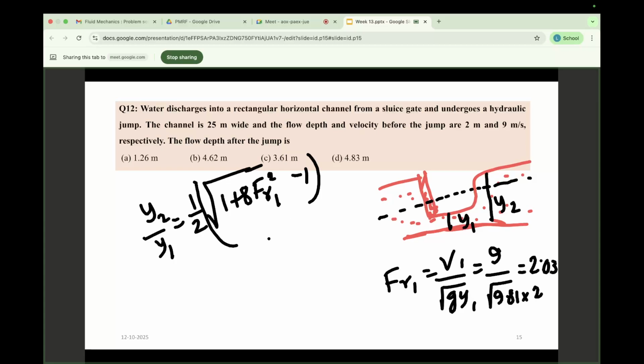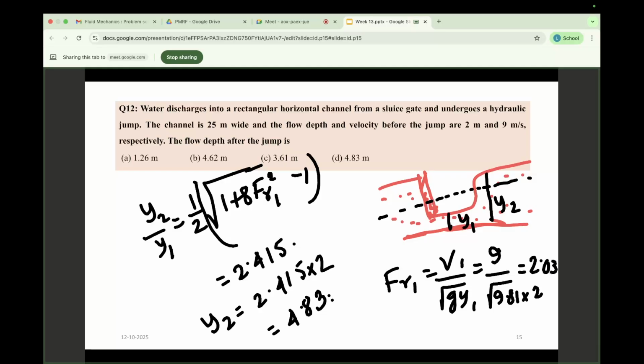If I put this value here, I will get around 2.415, right? So what is y1? y1 is given as 2, right? So if I multiply it by 2, I will get 4.83. So the correct option is this one.